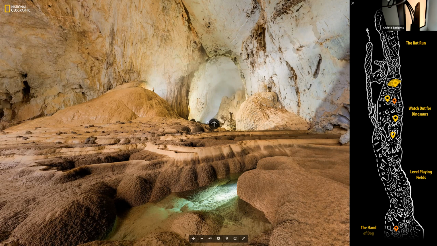This is still a calcium carbonate deposit. These are called rimstone dams, and they form at the edges of underground lakes. If you get a lake that has all this dissolved calcite or calcium carbonate in it, then it starts to precipitate out its own dams at the edges of those lakes.